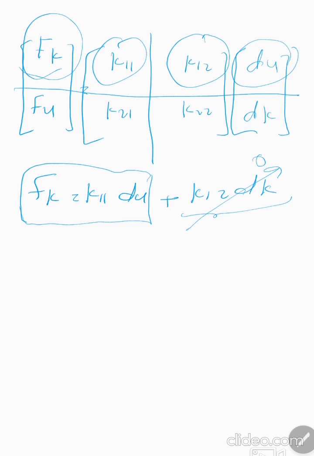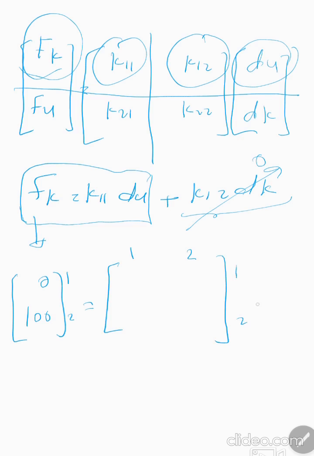Then substitute your values for Fk equals 0 and 100. This is 1 and 2 global system. So here, same way, you should take 1 and 2, 1 and 2, and then D1 and D2.